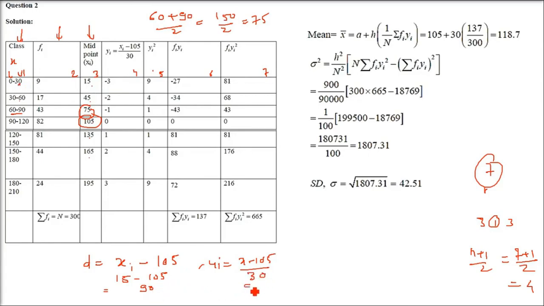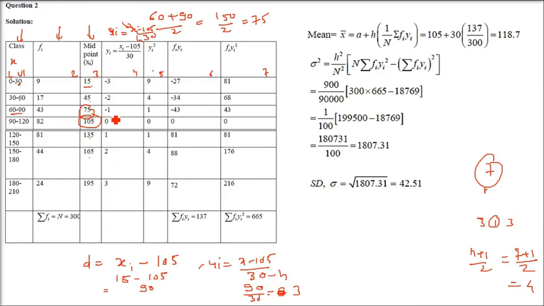So we will take a value which will make this number even smaller. So let us divide 90 by 30. 3 3s are 9. 3 will come. 90 by 30 is 3. So this is an easy number you have achieved. So you have to take this number, yi or ui, whichever alphabet you use. This is xi minus 105 by 30, that is di by h you are doing. H is 30 here.